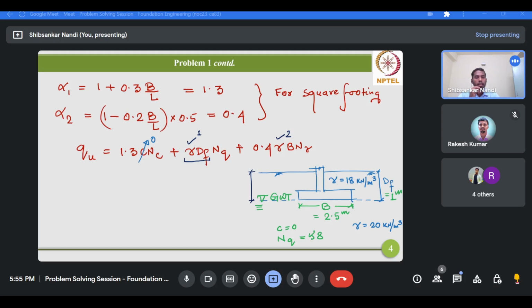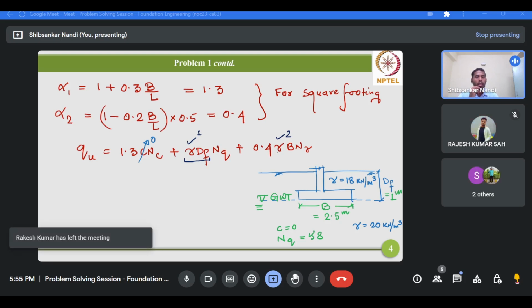As you can see, the water table is located at the base of the foundation, so there will be no effect in this zone. However, the soil below the foundation will be completely submerged, and accordingly you have to consider the effective or submerged unit weight in the calculation.